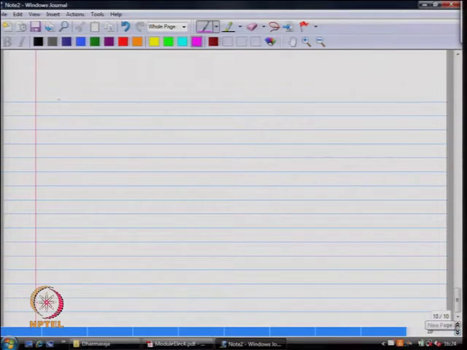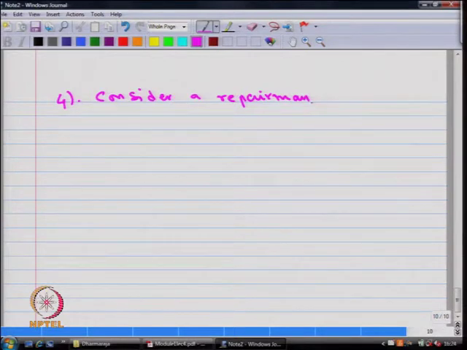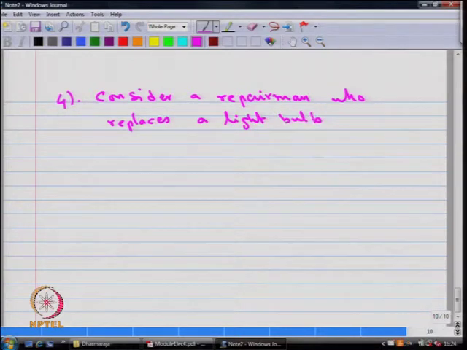Now, I move into the fourth example. Consider a repairman who replaces a light bulb the instant it burns out.